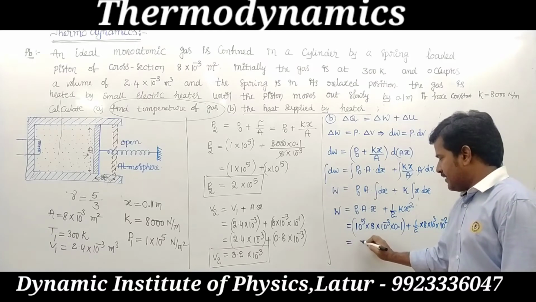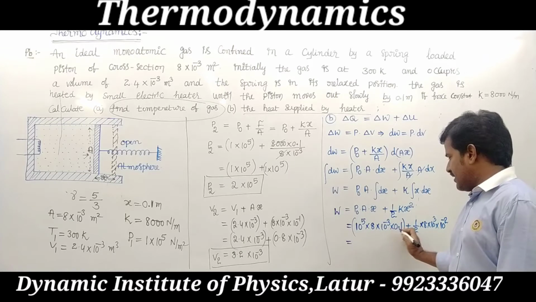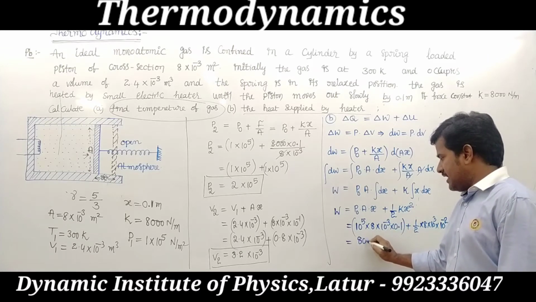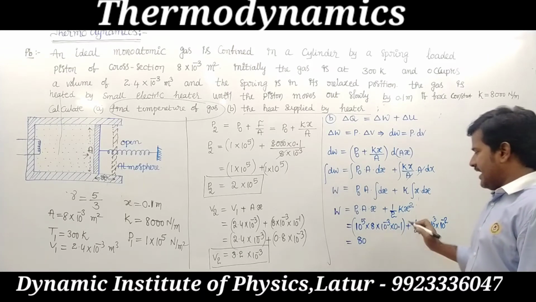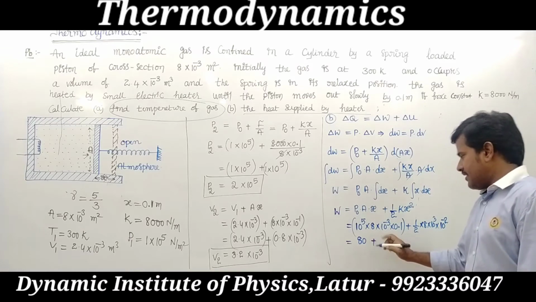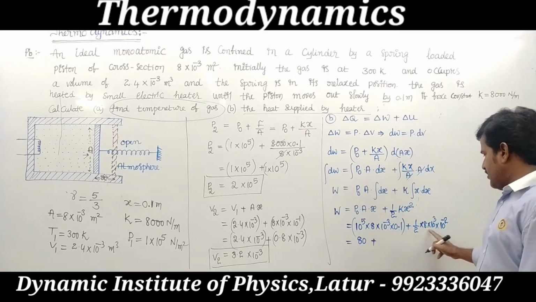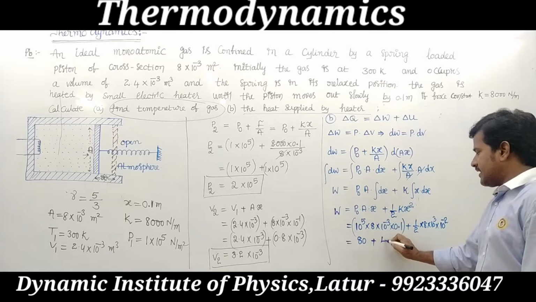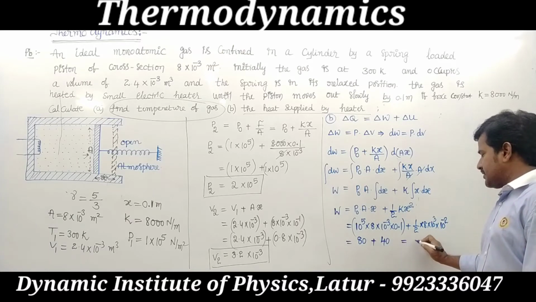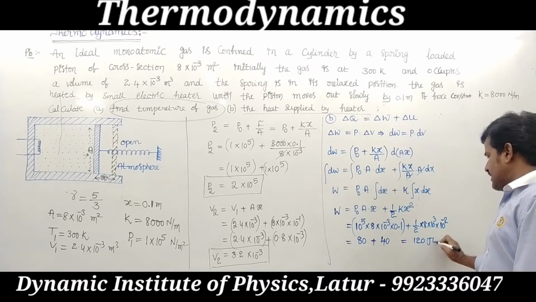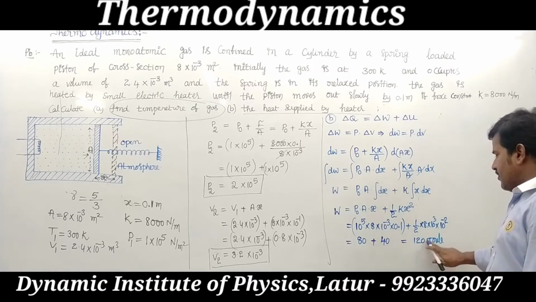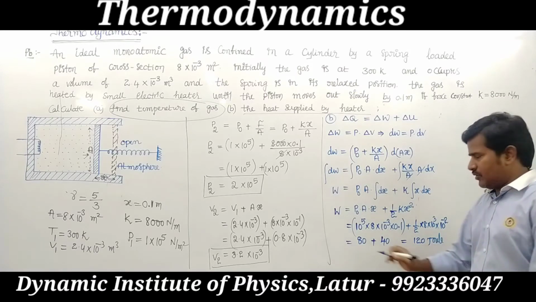The work done becomes 8 into 10 power minus 4, that is 80, plus its value becomes 40. Total work done equals 120 joule. This is the work done value.